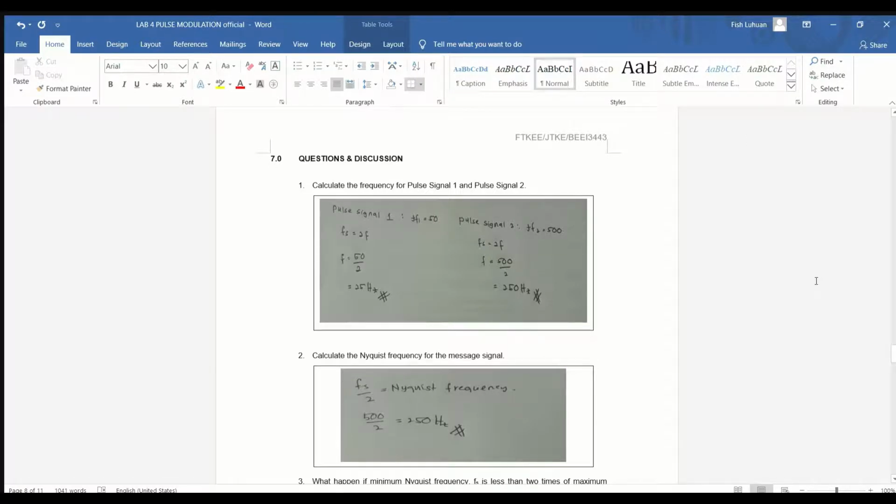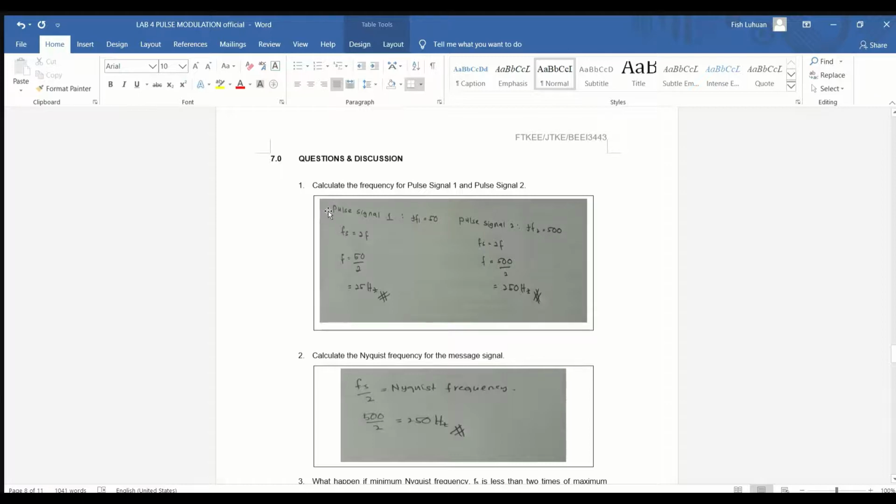Hi sir, I'm Yuhan from 3BEI S1/1. I'm here going to explain for my part, which is question and discussion. Here you can see this is a calculation for the frequency of pulse, how we get the pulse signal 1 and pulse signal 2. For the first, you can see that the TF1 equal to 50 and the TF2 is 500.